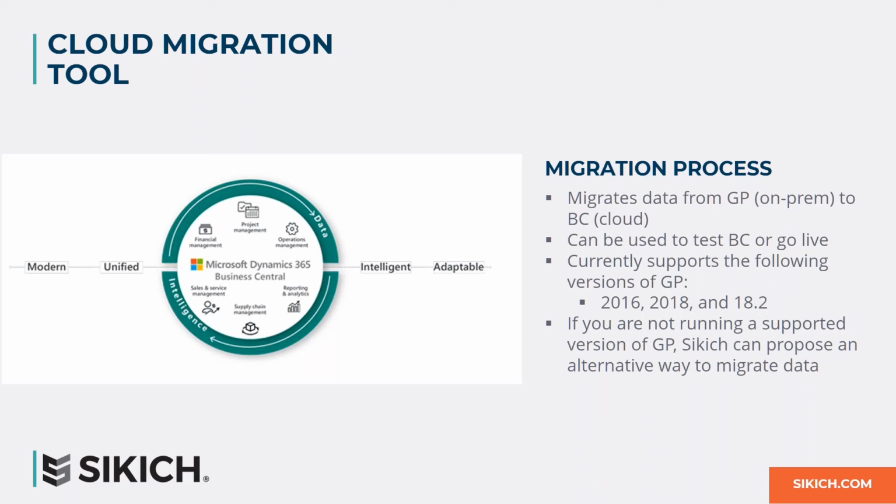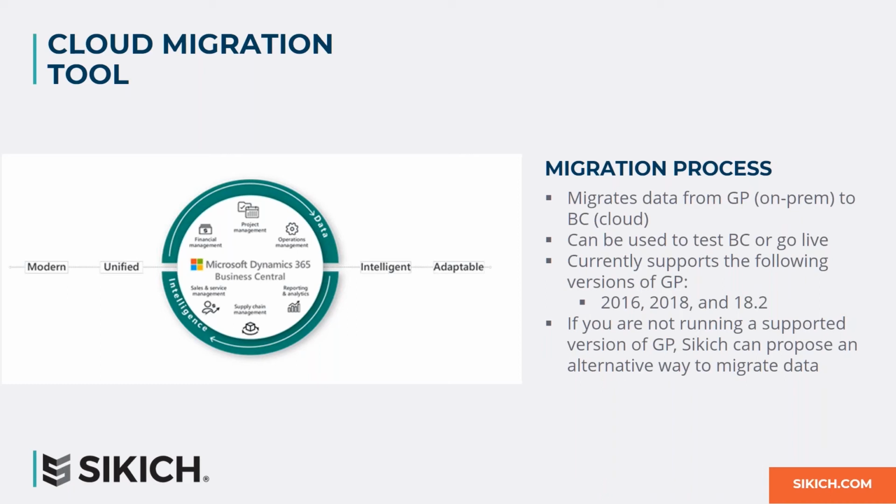There are multiple ways you can utilize it. We see some folks using it to test Business Central, bringing their data over to basically create a Fabrikam or test database, so they can see how Business Central works with their data and how they would potentially utilize it.